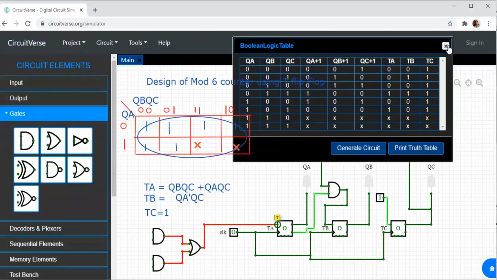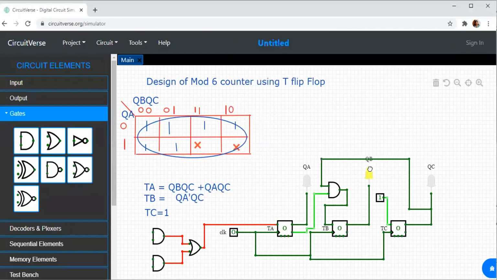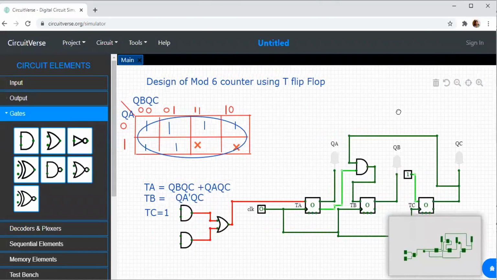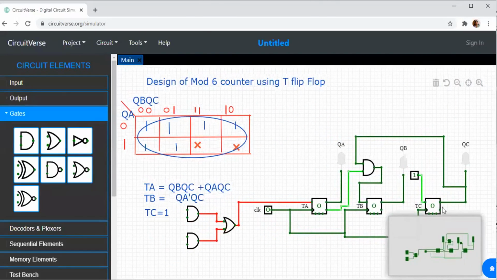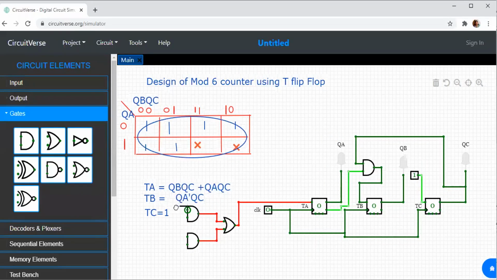I'll remove this table since it's already done. Okay. So TA is equal to QA into QC. Now where do I have QA? If you can see, this is my QA. And where do I have my QC?